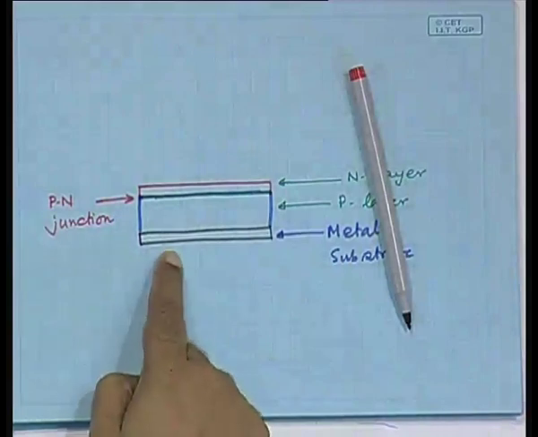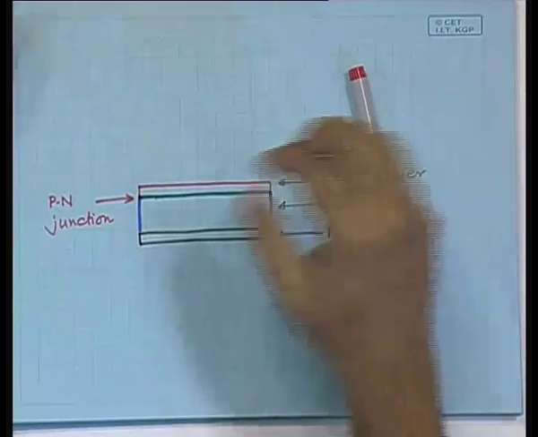So, it is not really covering the whole surface, rather it is like a collection of metal fingers that are laid on the surface, which collect the charge from the top level, and then it is connected by means of some kind of a load through the bottom level. Okay. So, that is the structure of the p-n junction, structure of the photovoltaic cell. The manufacturing process and other things I will come to a little later.